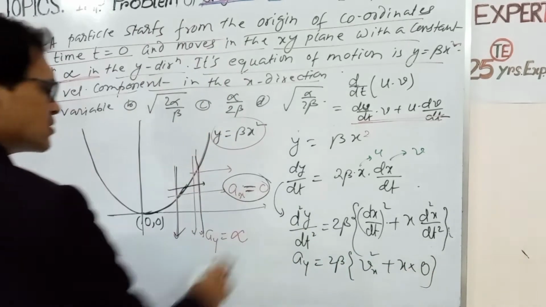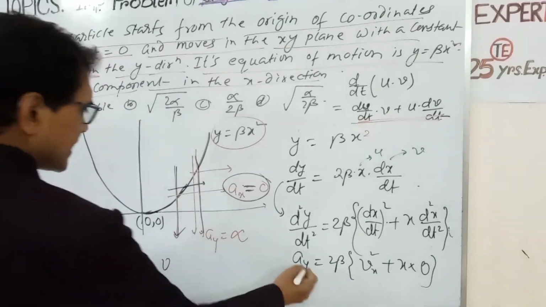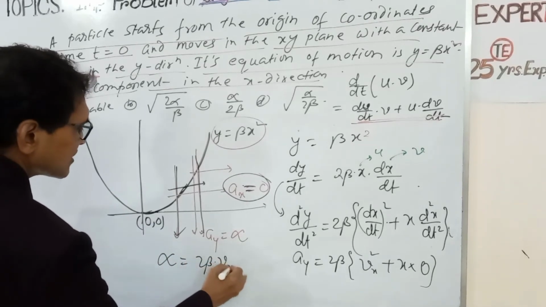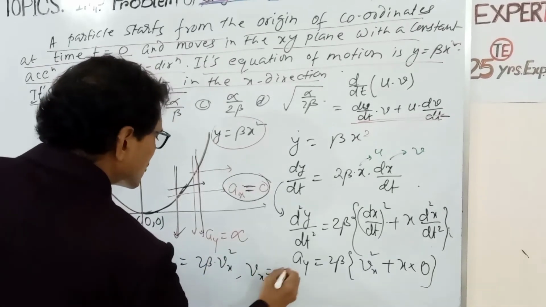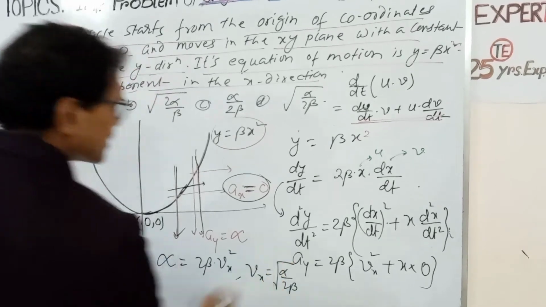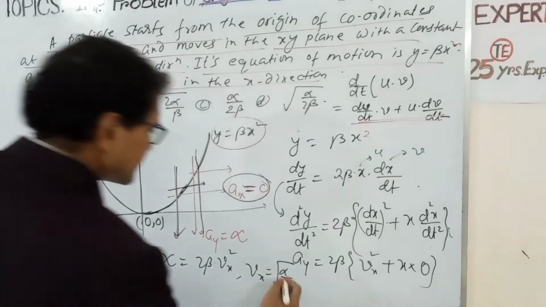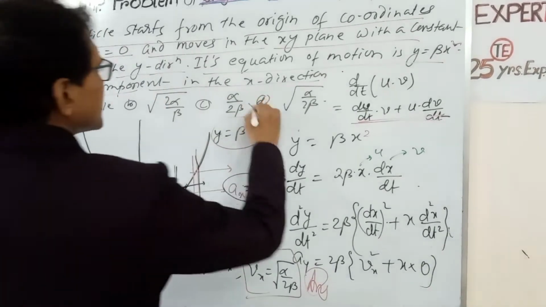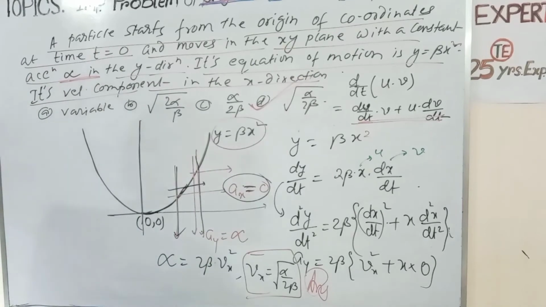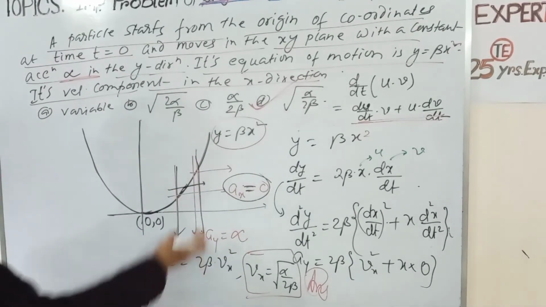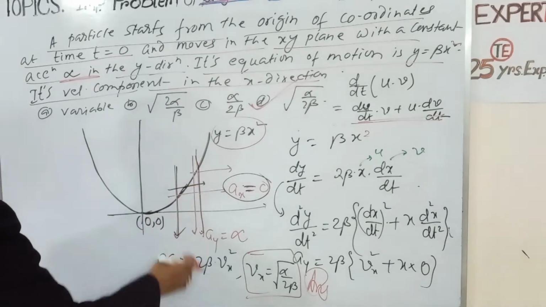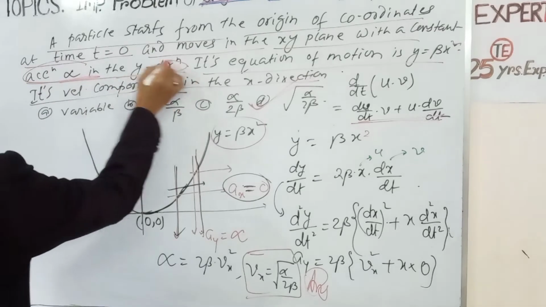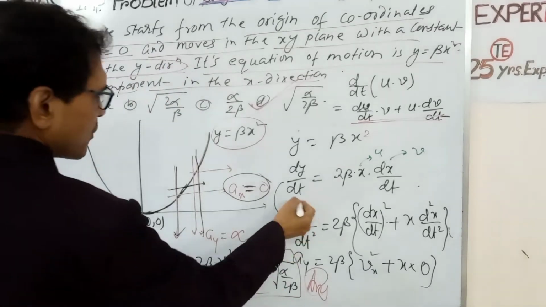And ay equal to alpha, so alpha equals 2 beta vx square, so vx equals root over alpha by 2 beta. So this is the answer, root over alpha by 2 beta. Clear? Acceleration along the x direction is 0, acceleration along the y direction is given as alpha, that is ay is alpha.